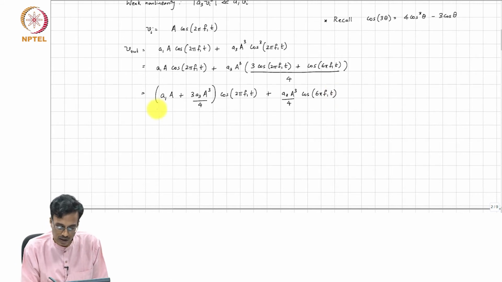So, this is basically the fundamental, right, and this is the third harmonic.